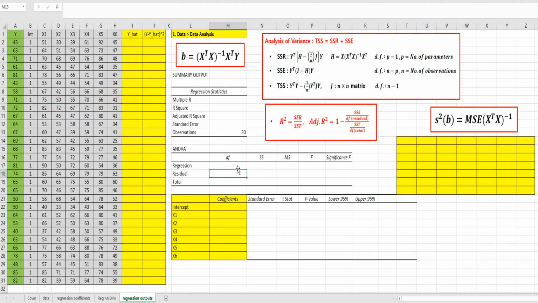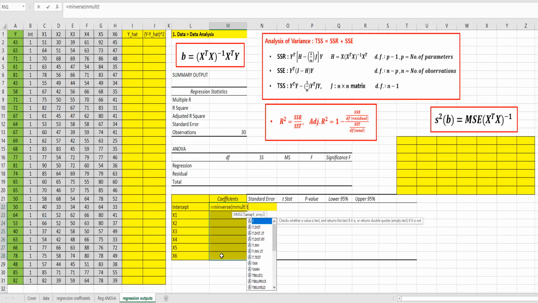Right. Then by using this matrix computation, we can get multiple regression coefficients. So select some cells here, and MINVERSE, and MMULT, transpose x, comma x.